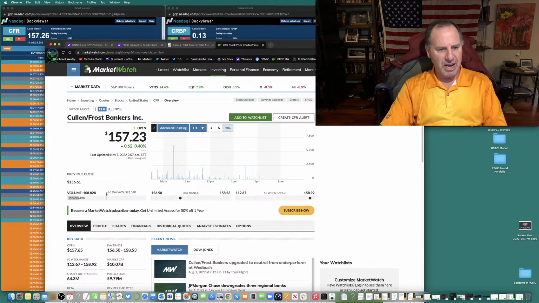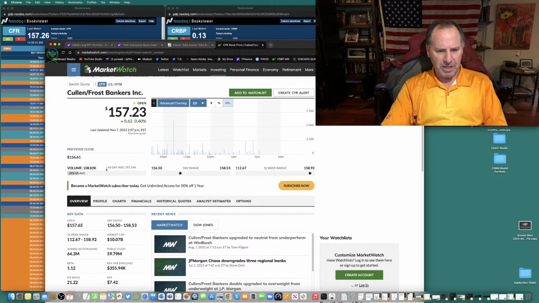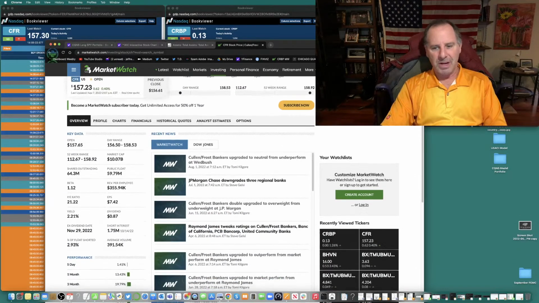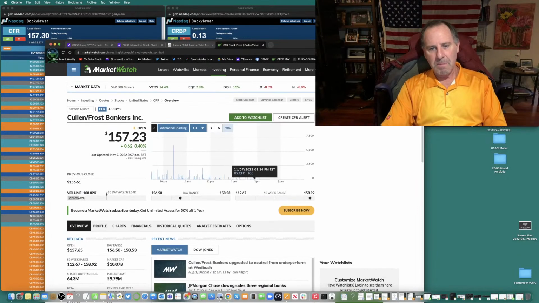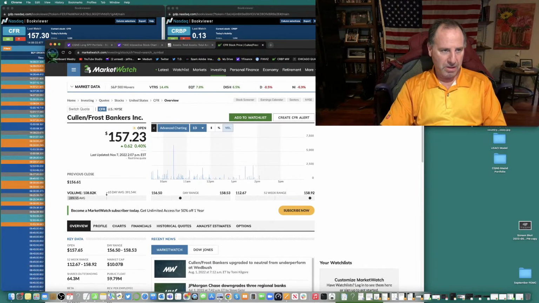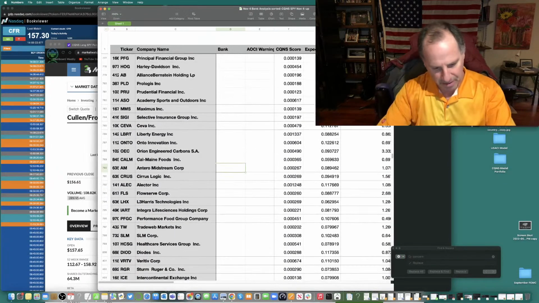Tiny trades on the day, 109,000 off an average of 400,000. Market's up a little. Who even knows what's going to happen? I feel like this stock is just managed. This is a managed book on Cullen/Frost. And so I guess you have to be managed to maintain a valuation.